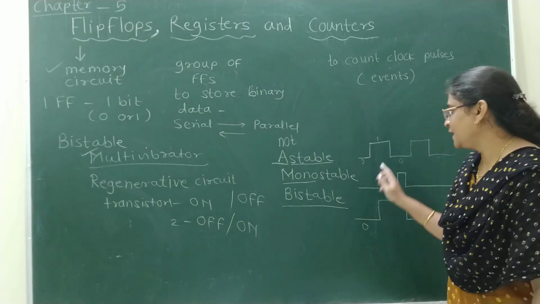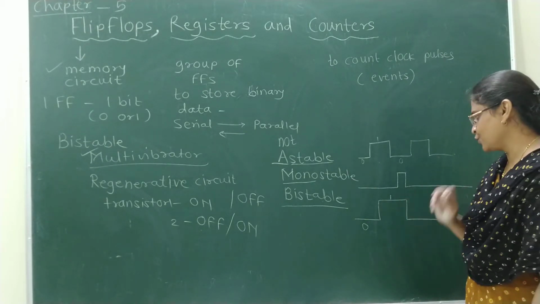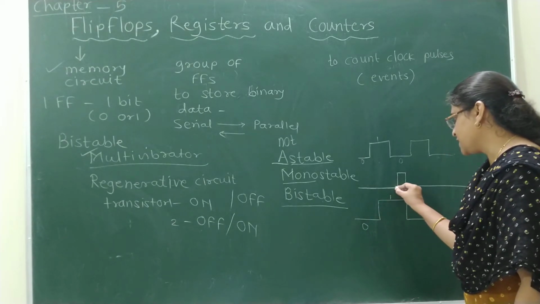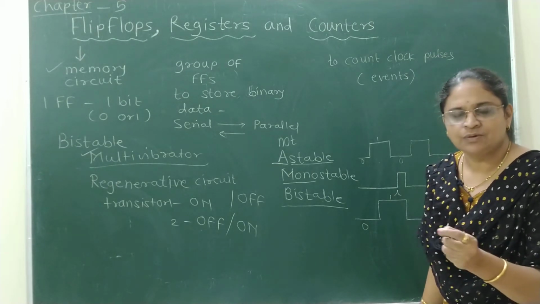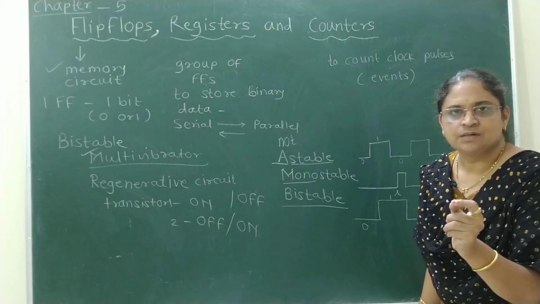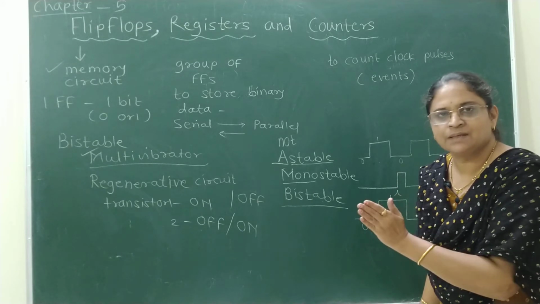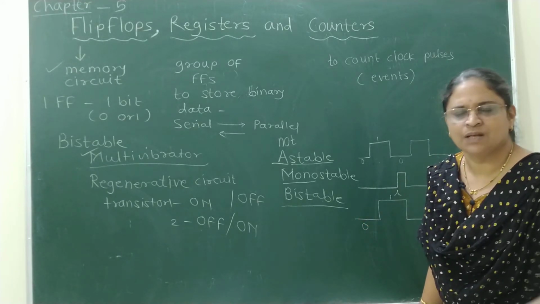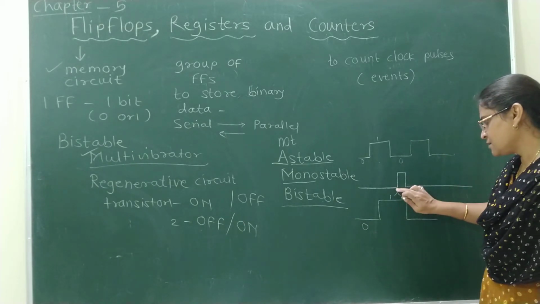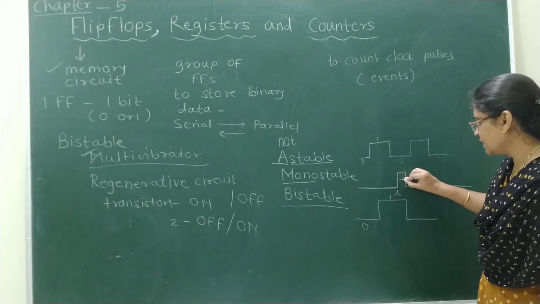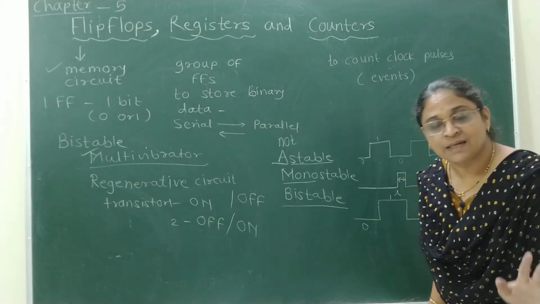The output is not stable, and it doesn't need any external trigger. But in the case of a monostable multivibrator, the low state is the stable state. If you provide an external trigger, meaning a short pulse of voltage, for example by pressing a switch that connects it to low level, you change the stable state to the unstable state, and after a certain time period it returns to its stable state automatically.